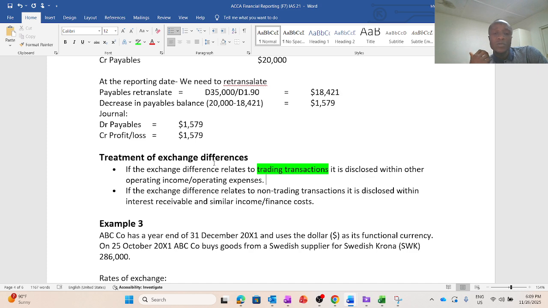So in that particular situation, we are not going to show the impact of the changes in the exchange rate, whether a gain or a loss, in other operating income or operating expenses. Instead, we are going to show it as interest receivable, or as finance cost. Simple.